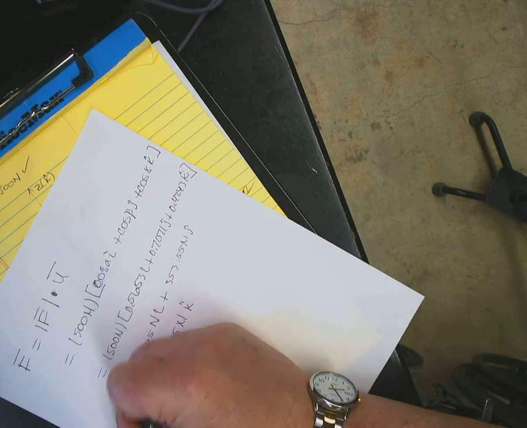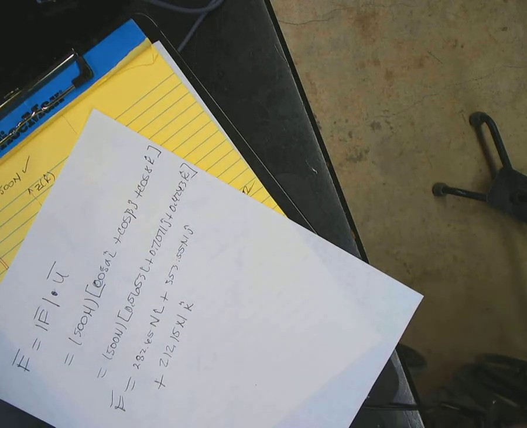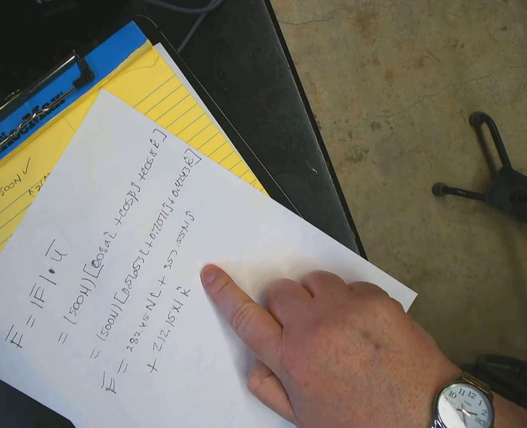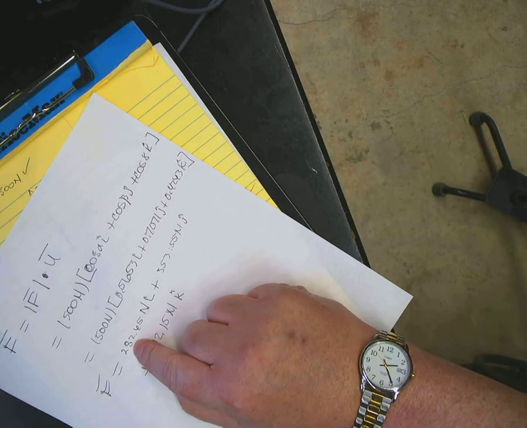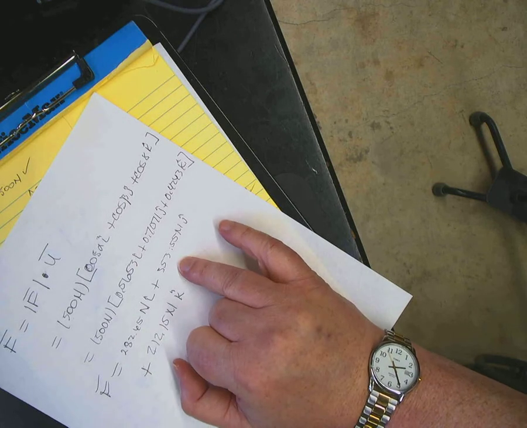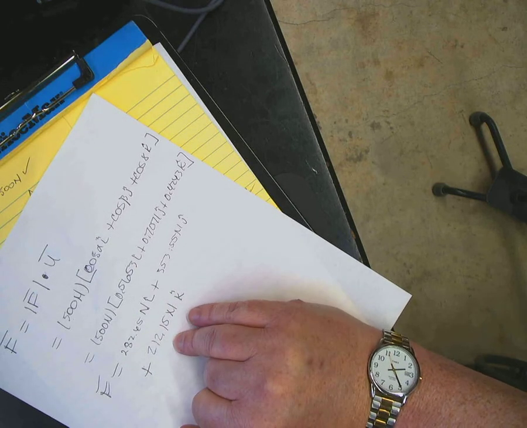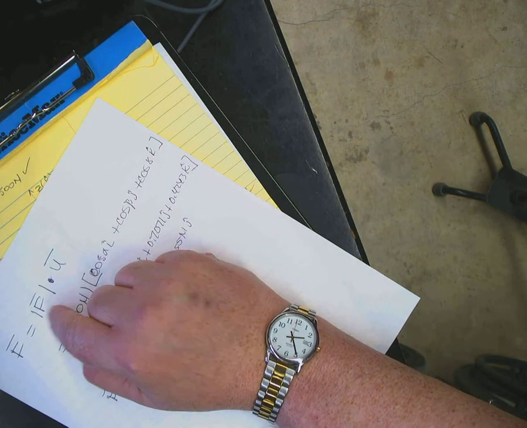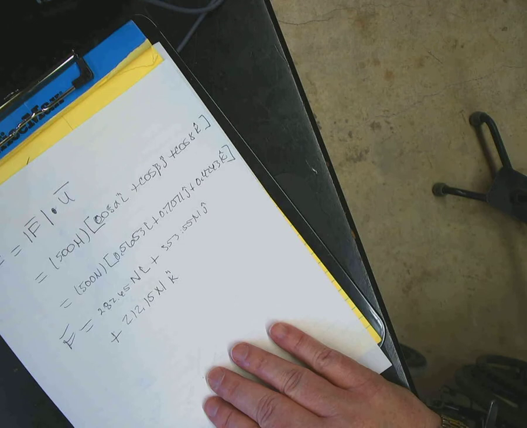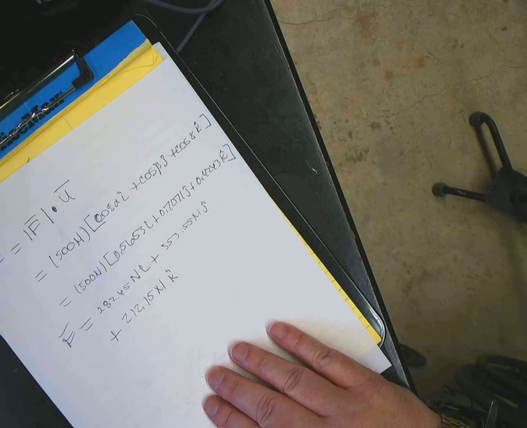So guys, this is my force vector in Cartesian coordinates, i hat, j hat, and k hat. So if we've done this correctly, if I take the x value squared plus the y value squared plus the z value squared and take the square root of that, I've got to recover the magnitude of 500 newtons. So that's a second way to check it, see if you got the answer correct.